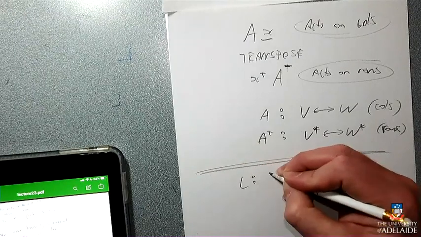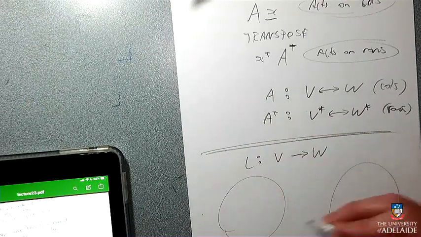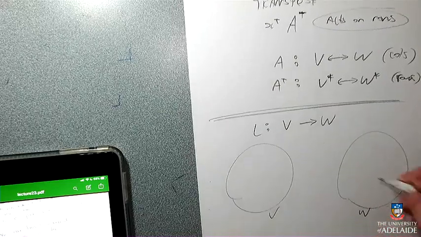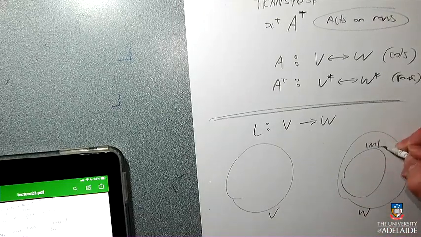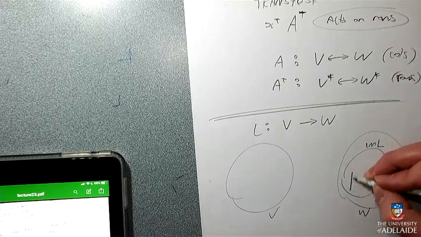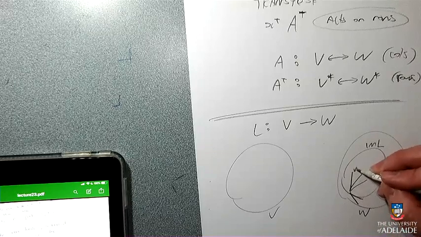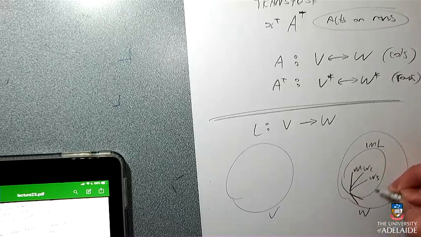So L sends V to W, and it has an image like that. And then we choose an ordered basis for this, and then an ordered basis for the rest as well. So that's W1, W2, W3, W4, W5, etc.